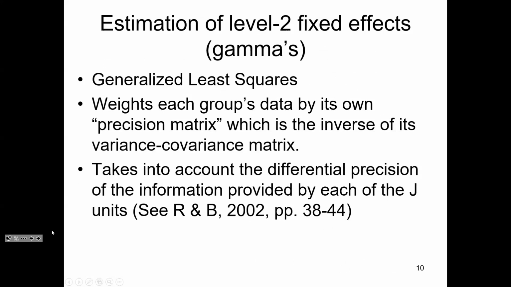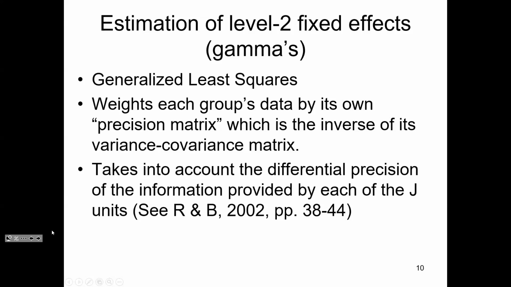So when we come up with these estimates of the fixed effects, which are our gammas, you should be saying to yourself, how do I even get these gammas, right? We're not just taking all of the cluster means and averaging them, right?